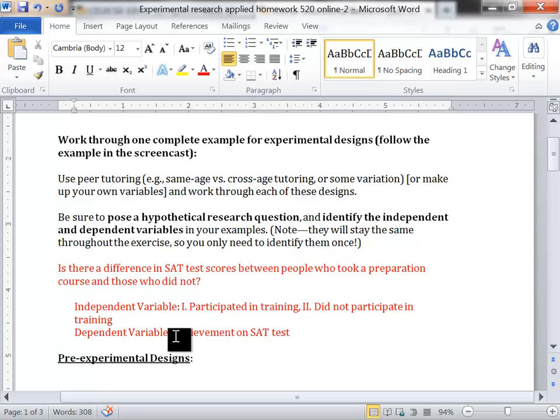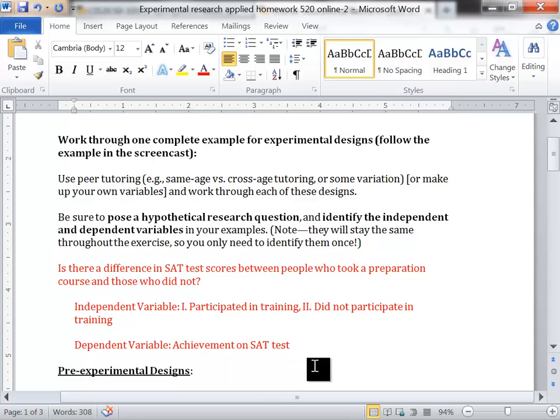Obviously, if we're comparing those two things, that would be the point of comparison. The dependent variable then is whether or not that training impacts their achievement on the SAT test. Another way to remember this again is that the independent variable is a thing that is manipulated, it's the treatment, and the dependent variable is the item that's impacted by that treatment.